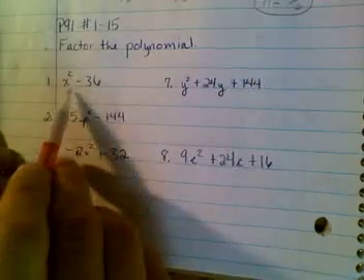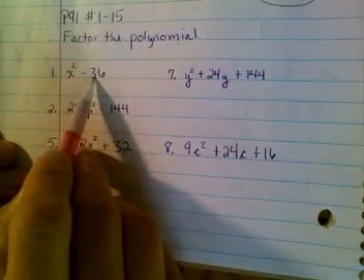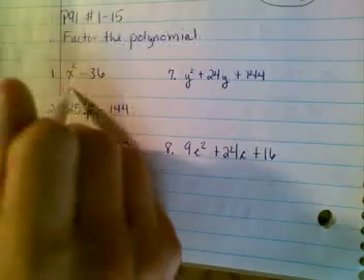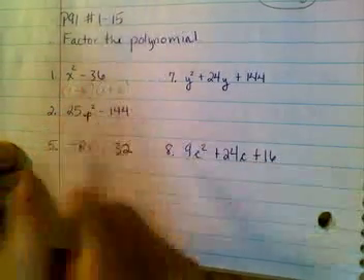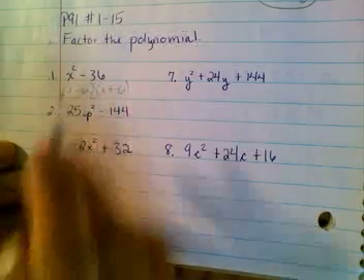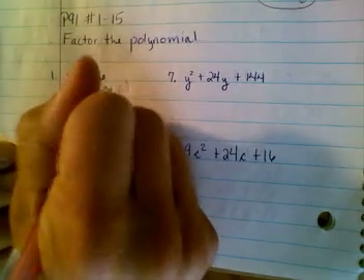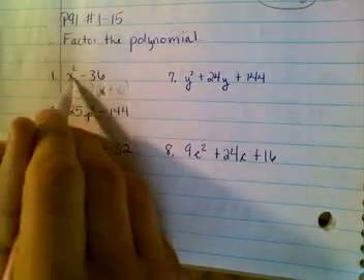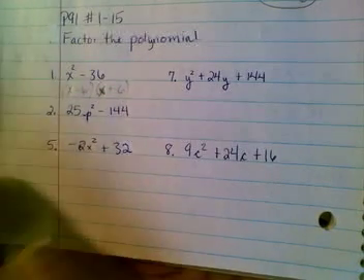So anyway, on number 1, it is a difference, and these are perfect squares. So x minus 6, x plus 6. 6 times 6 is 36, so 6 is its square root. And also x times x is x squared. So x is this one's square root. Okay, and that's all there is to it.